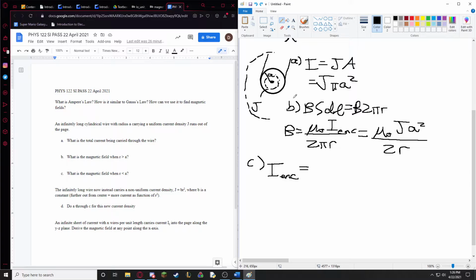Does r just become a? What do you mean? Like the bottom radius is going to be a, and the charge enclosed is also going to have a radius of a. So everything is going to be in terms of a.